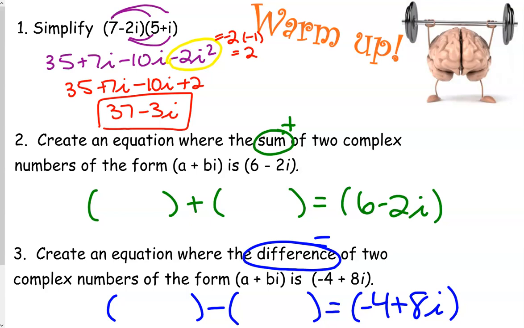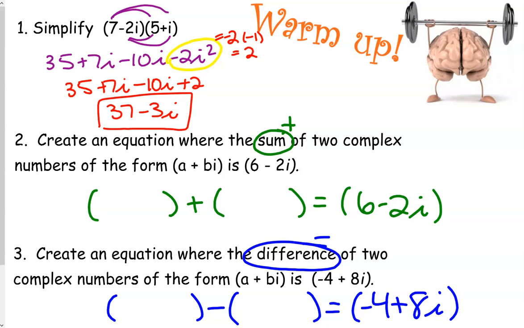So we can simplify the next piece to be 35 plus 7i minus 10i plus 2. I added my real numbers together to get 37, and then I combined my imaginary pieces together to get negative 3i. So our answer for number 1 is 37 minus 3i.